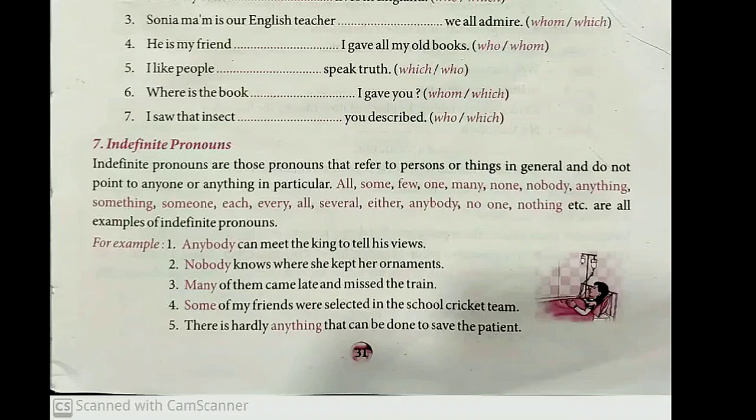Because it is not definite. Anybody can meet the king to tell his views. Here anybody, but no particular person is mentioned. Nobody knows where she kept her ornaments. Here it is indefinite. Many of them came late and missed the train. Many of them came late, but there is no specification of any person.